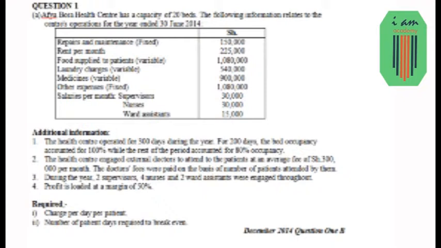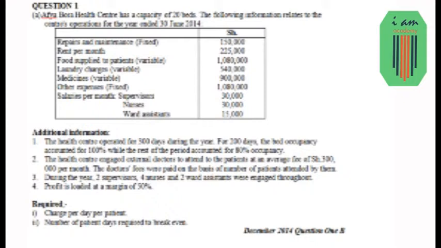Laundry charges, variable costs, amounted to 540,000. Medicines, variable costs, amounted to 900,000. Other expenses, fixed expenses, amounted to a cool figure of 1,080,000.